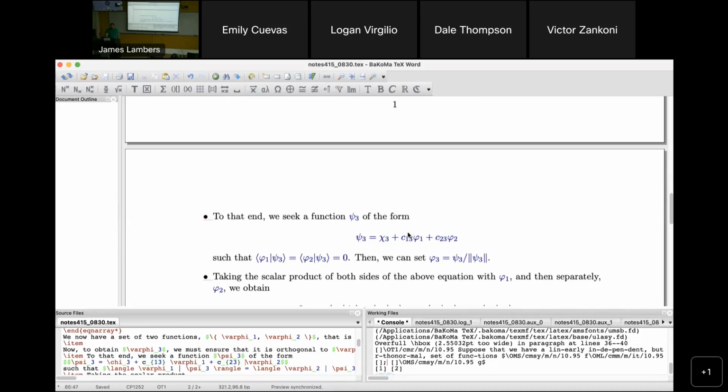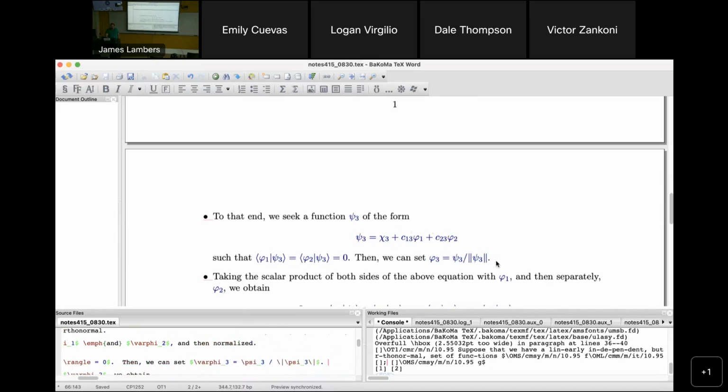Once I find the right values for C1 free and C2 free, I can normalize the result, and then I have a 3-function orthonormal set. So just as before, I had my form for psi2, and I took the scalar product with phi1.